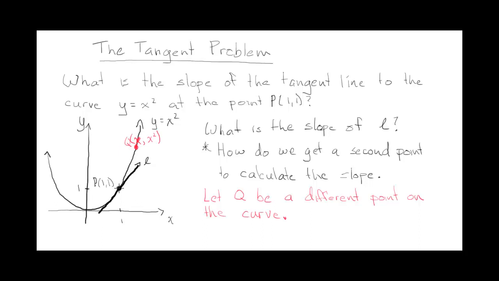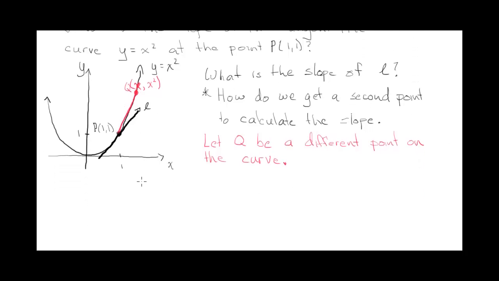So I'm going to look at the line between P and Q, and calculate the slope of PQ. I'll abbreviate this as m for slope, with a subscript PQ.